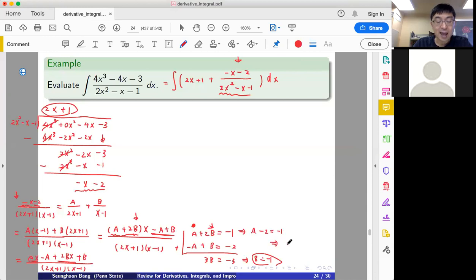Just add 2 to both sides, a equals 1. So a is 1, b is minus 1, and we have 1 over 2x plus 1 plus minus 1 over x minus 1. So you can plug this partial fraction into here. We have this result.